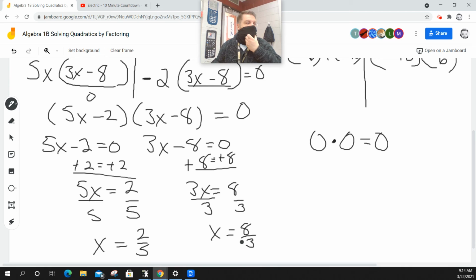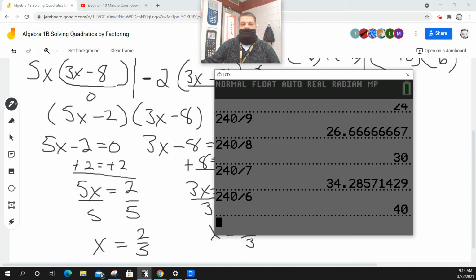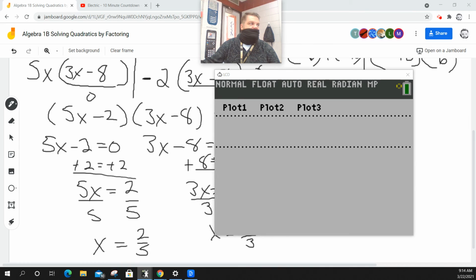Now, how can I double check to make sure this is the correct answer? Anybody have a clue? Well, remember that when we graph this thing, the solutions, the zeros, all that stuff, it means the same thing. The x-intercept is the zeros.